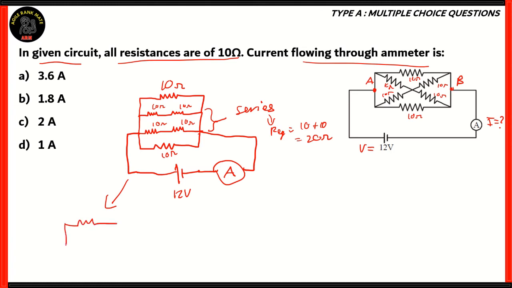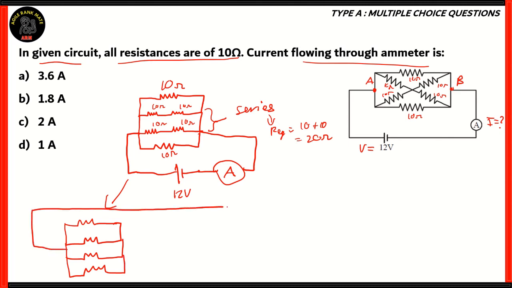So technically now we have 4 parallel resistors and we have their values as well. The top and the bottom resistors are 10 ohms each, and the ones in the middle are 20 ohms each.